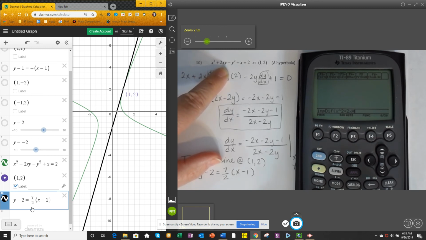And so we have to put a times between variables that are being multiplied, or the calculator doesn't do the calculation correctly. So it's 2x times y minus y to the second plus x equals 2.